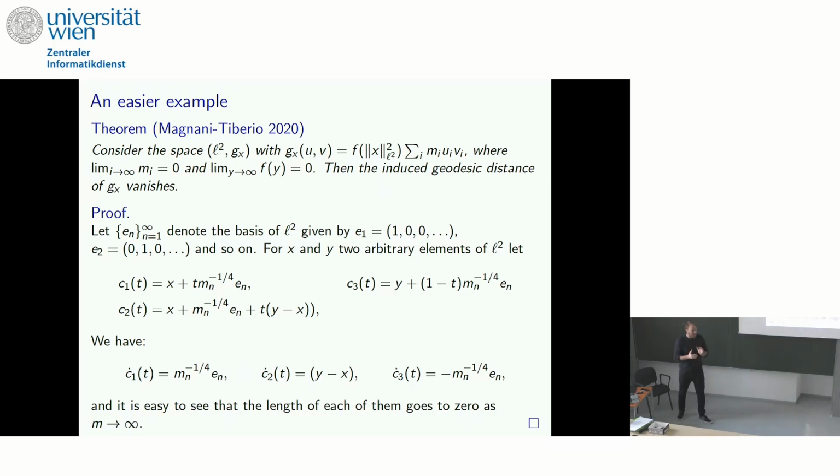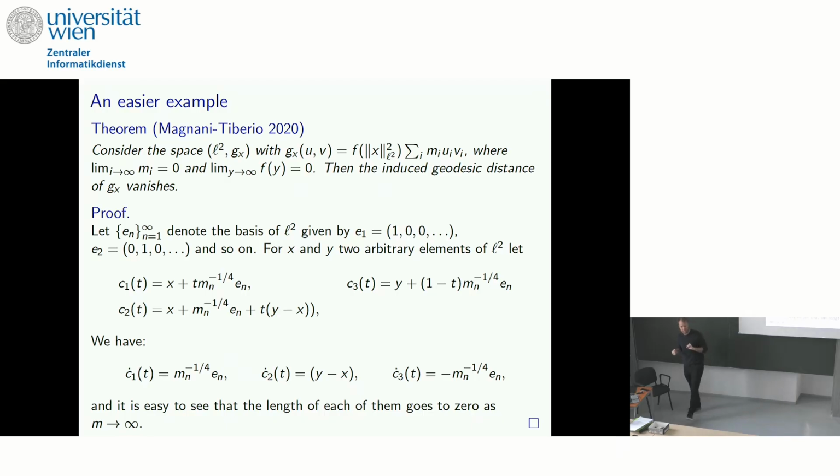Okay, so how do we prove this? We take two arbitrary L2 sequences, and it's based on two observations. The first observation is we have this weighting factor by the foot point, f of the L2 norm of x squared, and we take some function that goes to 0 for y towards infinity. So if my foot point x has a very large L2 norm, I can do whatever I want because I just multiply it with something that goes to 0.